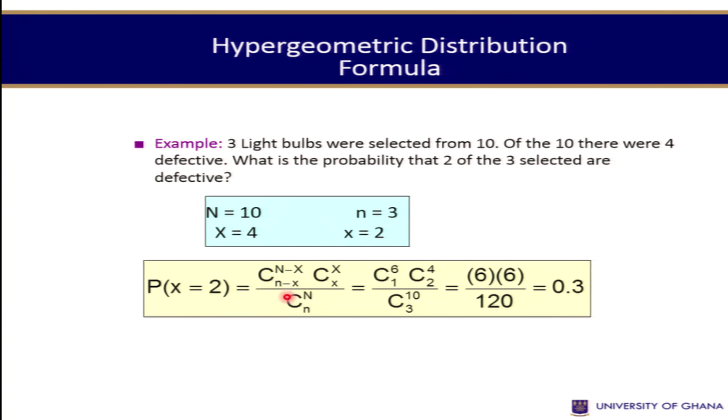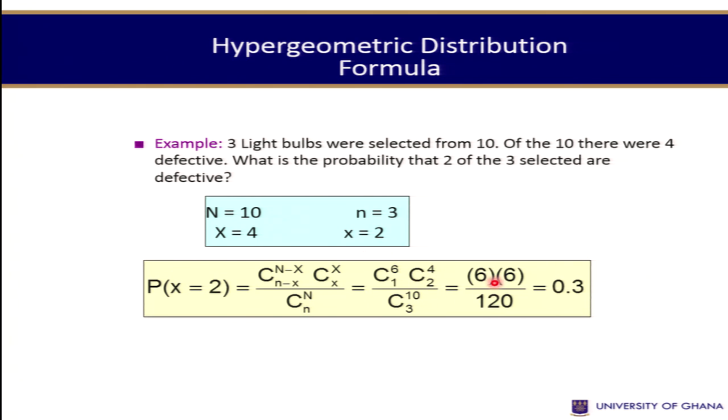combination small n minus small x, which is 10 minus 4, that gives us 6, combination small n minus small x is 3 minus 2, which is 1. Big X combination small x, that is 4 combination 2, sorry, divided by big N combination small n, which is giving us 10 combination 3.